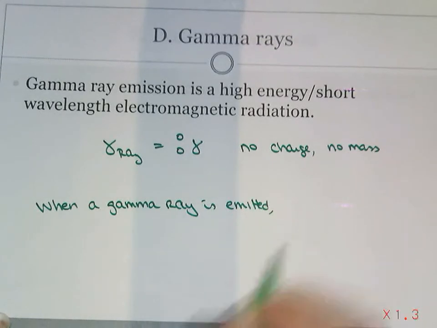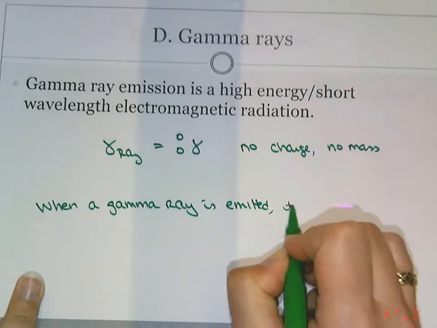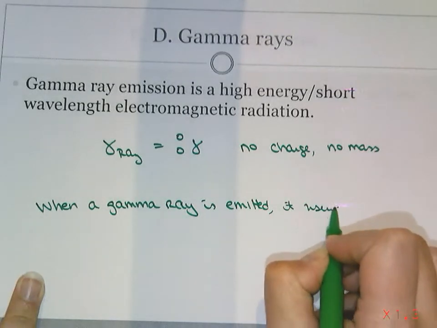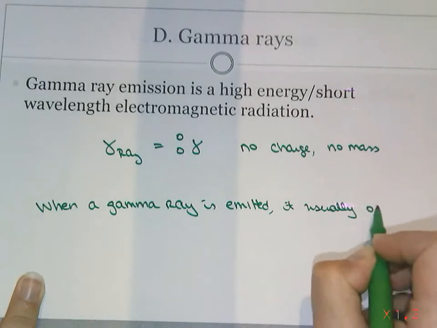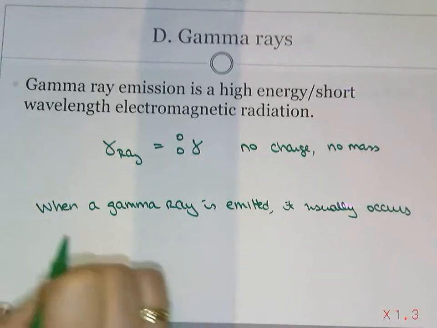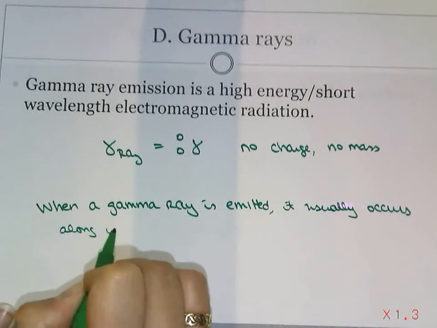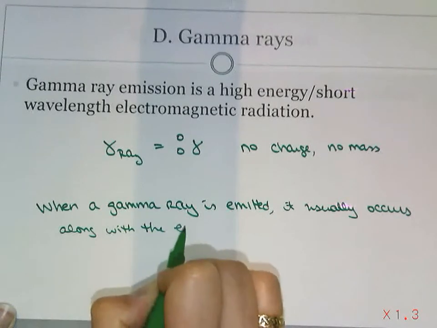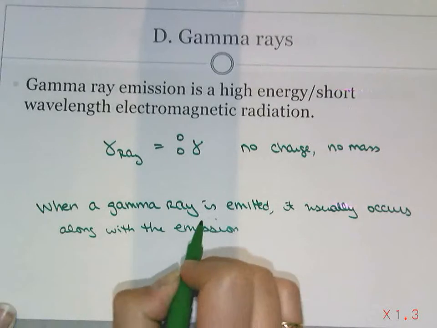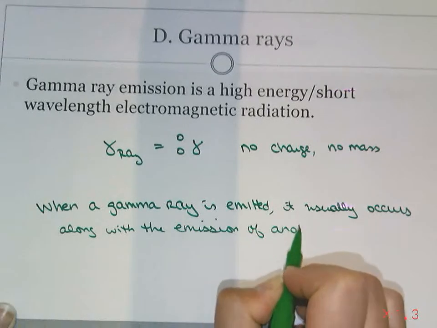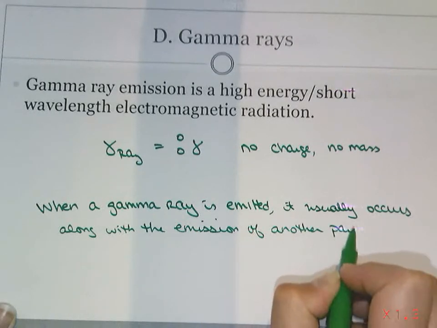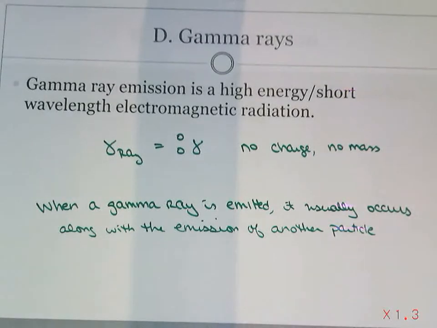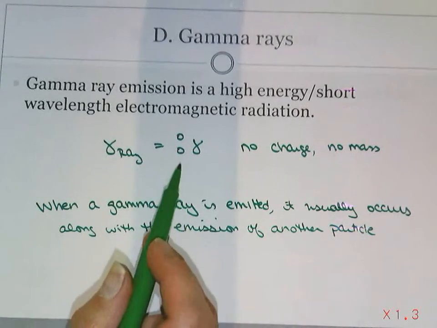So when a gamma ray is emitted, it usually occurs along with the emission of another particle. Right, because a gamma ray by itself wouldn't change the element from one to another.